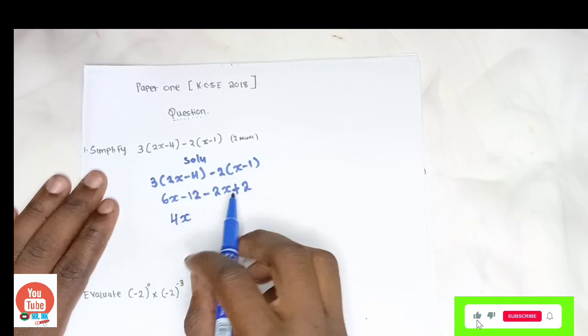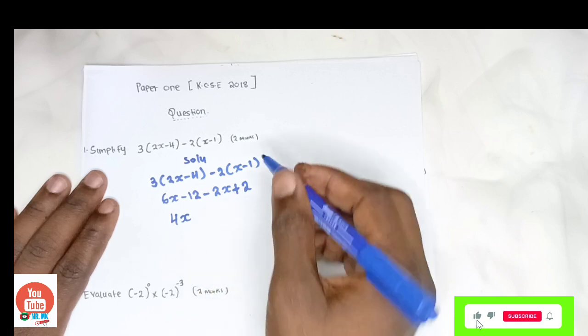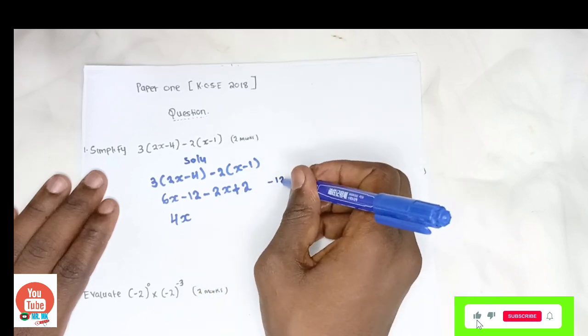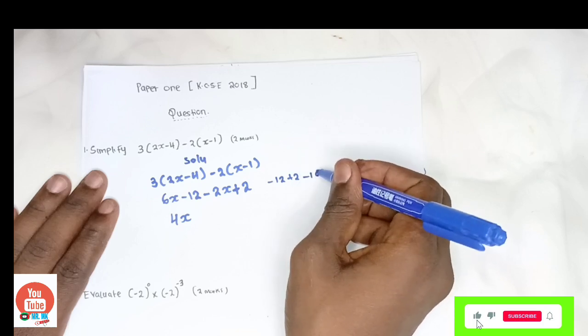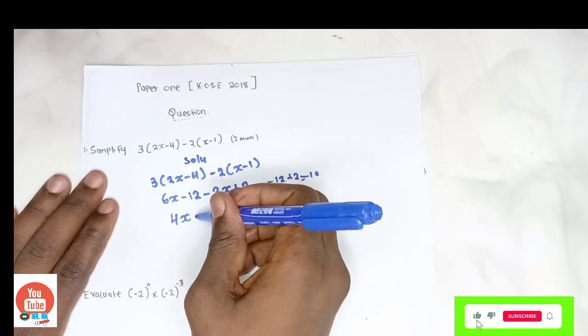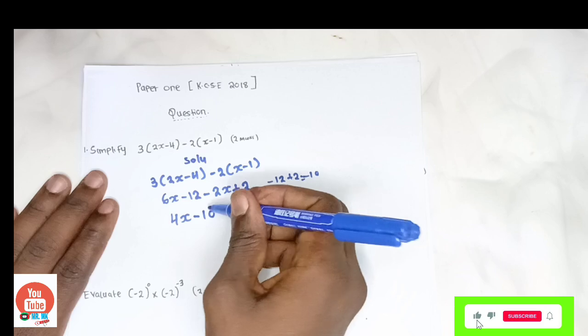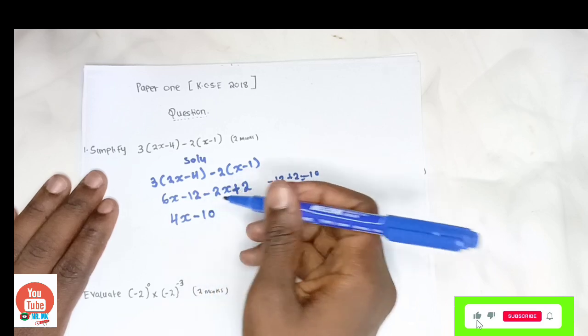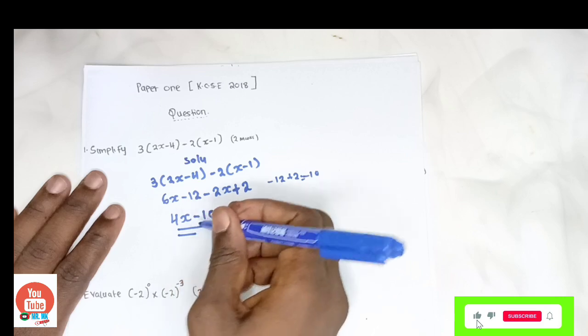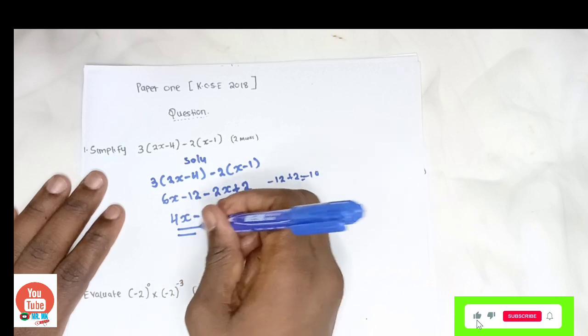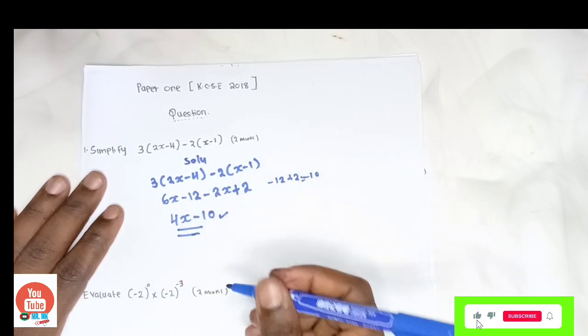Negative 12 plus 2 is negative 10. That is 4x minus 10. That was your answer.